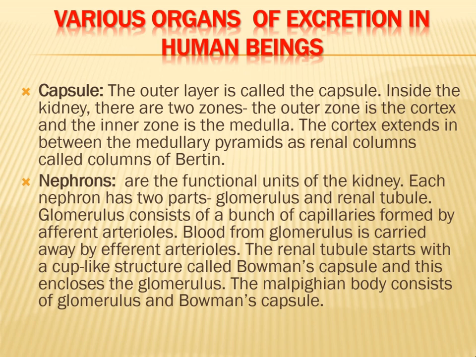The blood from the glomerulus is carried away by the efferent arteriole. The renal tubule starts with a cup-like structure called the Bowman's capsule, which encloses the glomerulus. The Malpighian body consists of the glomerulus and Bowman's capsule.